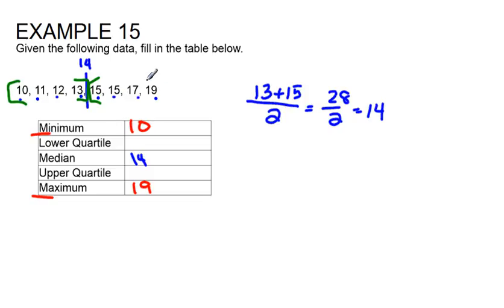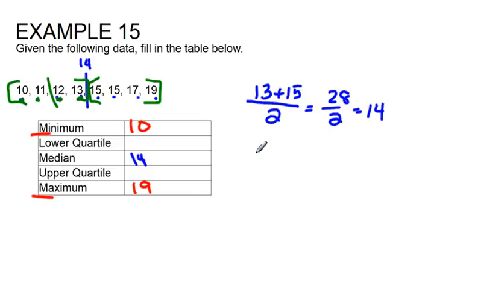I'm going to use the 4 numbers that are left over. Because 13 and 15 were not actually our median, we can use them to find our lower quartile and our upper quartile. So now I have 4 more data points here, and so I need to count 2 in from each side, because 2 is half of 4. And that leaves the number between 11 and 12 to be our median.